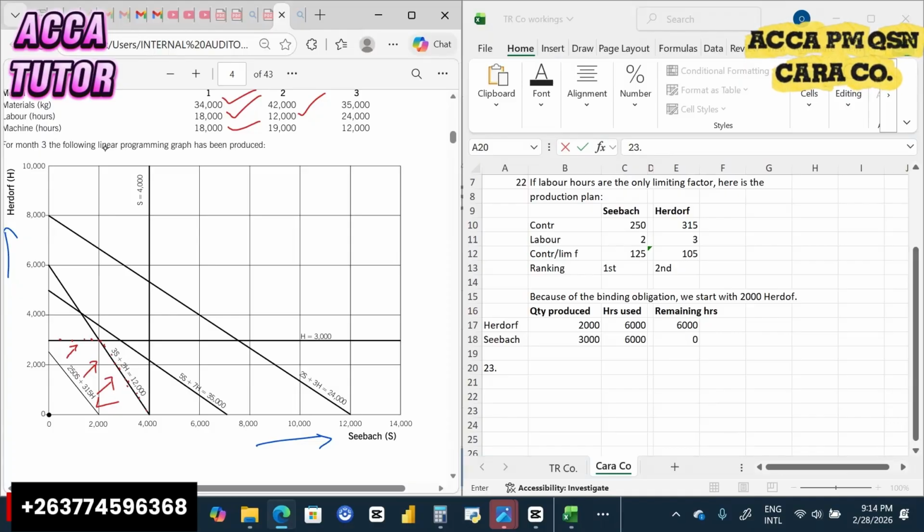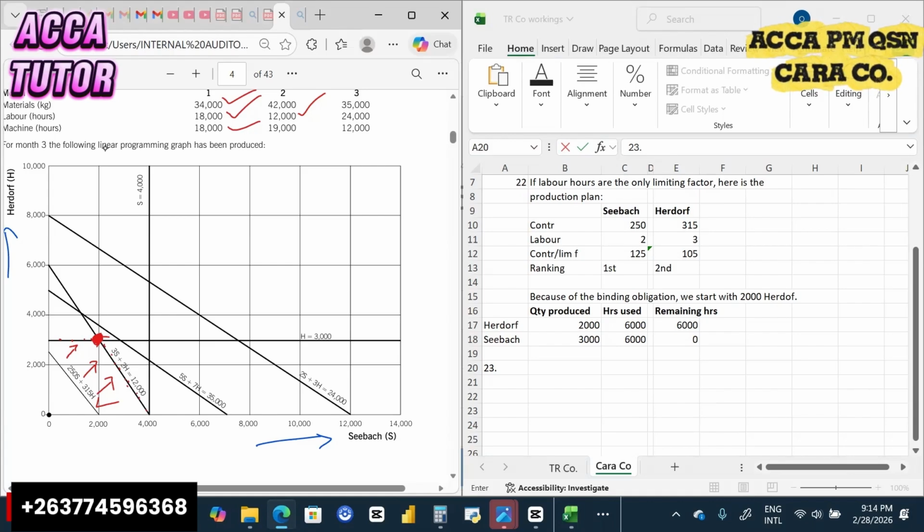If we continue to move this line further, it will come to this particular point. This is where we have got the optimum contribution. That's the point where we have got the highest contribution possible.